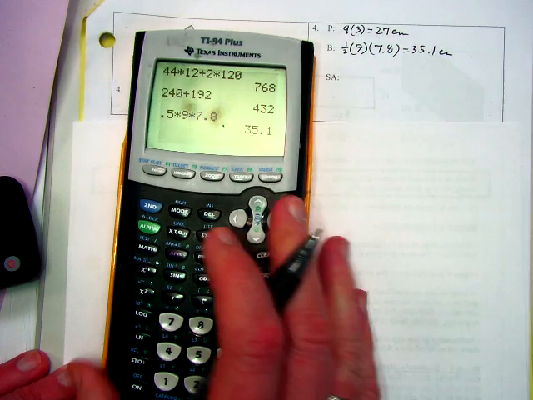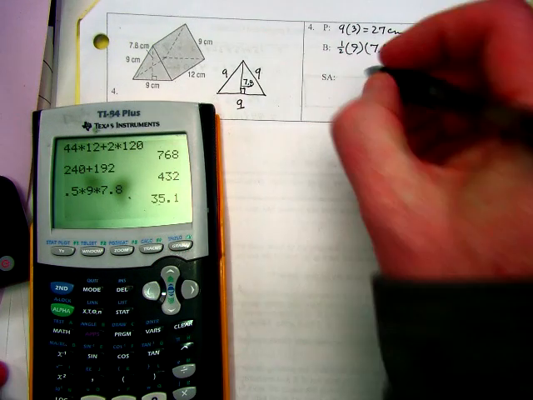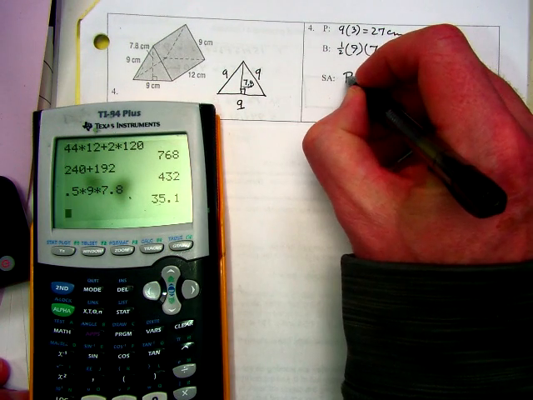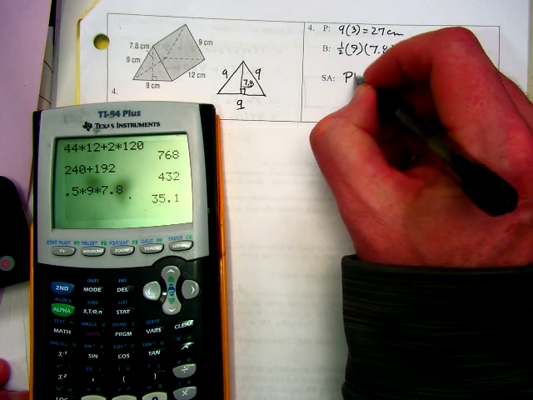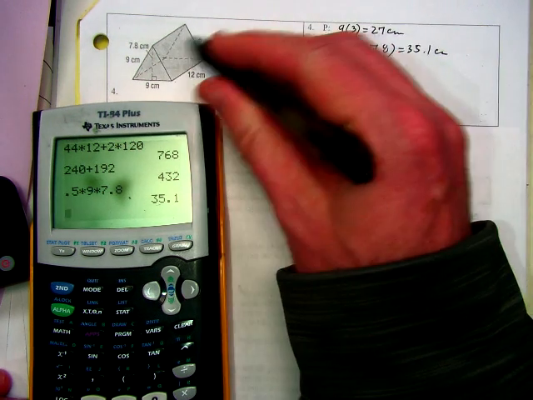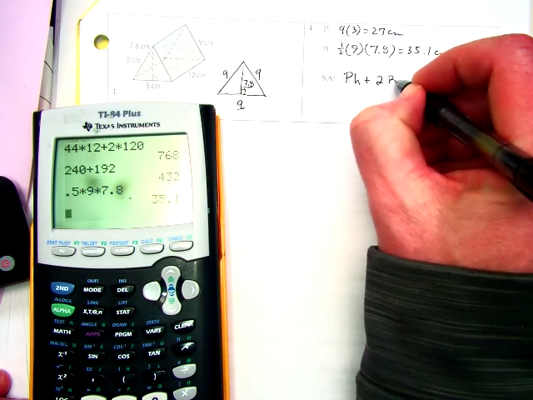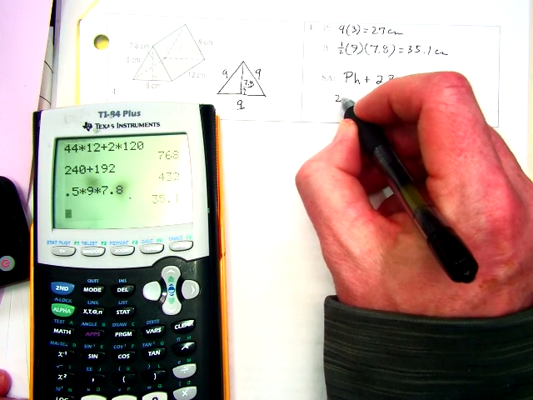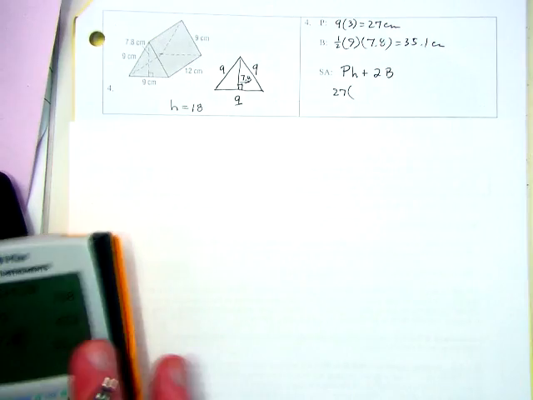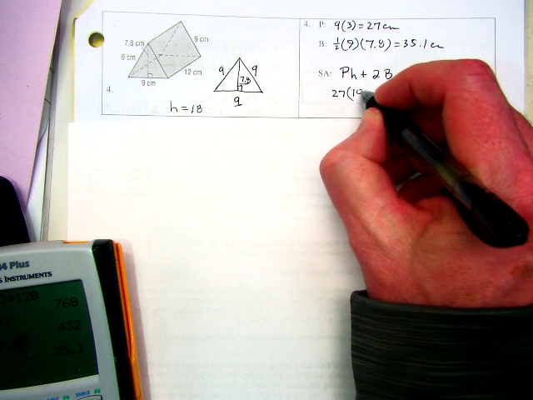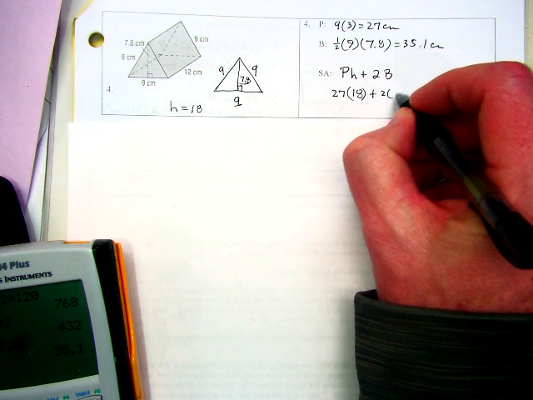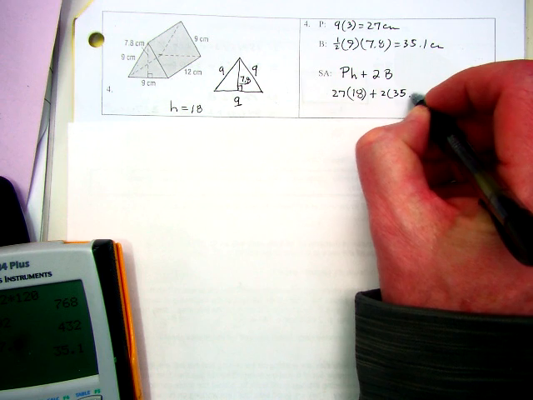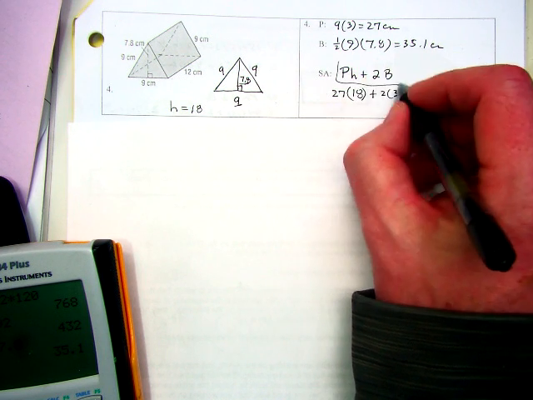Okay, so let's go find our surface area, and it's still going to be the perimeter times the height, plus how many of the bases? 2 of them. So what was our perimeter? It was 27. Okay, we computed our height was 18. Plus, I have 2 of the 35.1s. So by the way, this is a key one, isn't it?